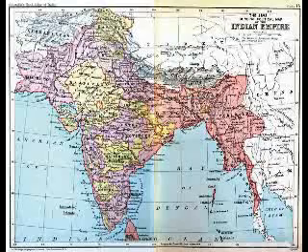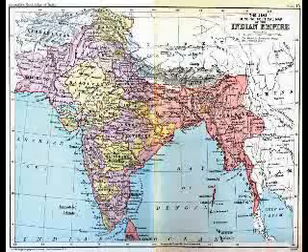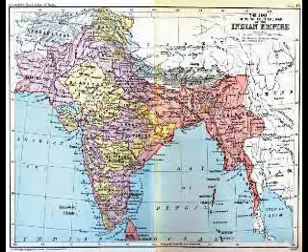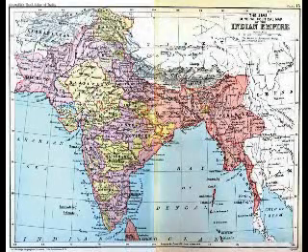This was to be achieved by setting up a federal Indian legislature, which would have representatives from British India as well as from the Indian states.